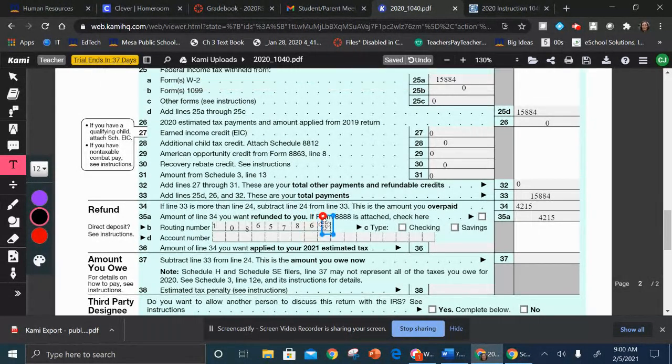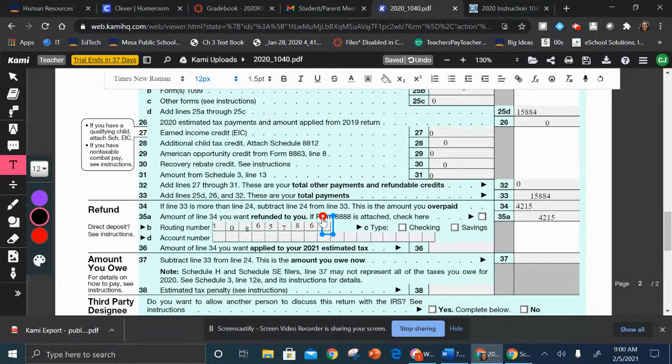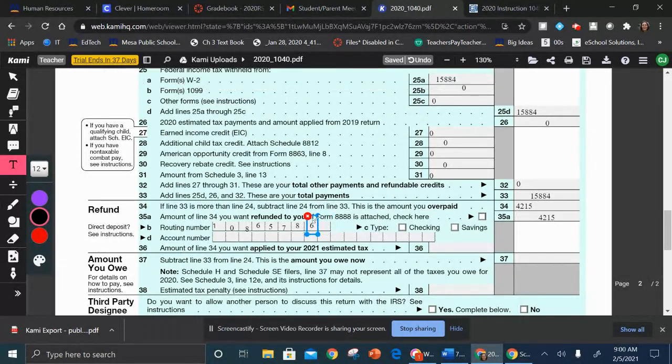Be really careful when you're entering those numbers so that they are correct. Then of course you're going to put the account number there. So you're going to put all that in, check what type it is.